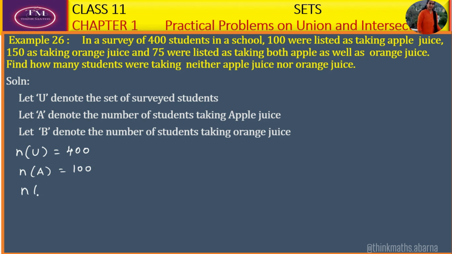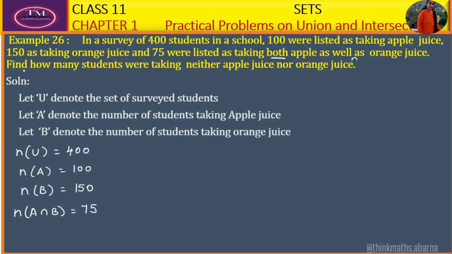So number of students taking orange juice equal to 150. 75 were listed as taking both apple as well as orange juice. So both apple as well as orange juice, that means they take both. That is and. So, it is intersection. Okay. So n of A intersection B is 75.